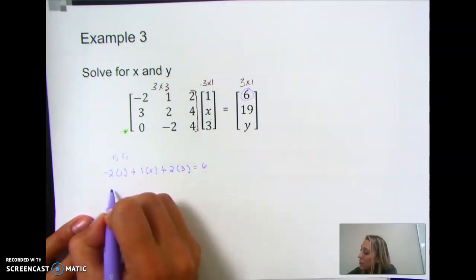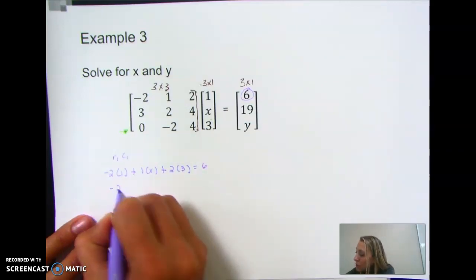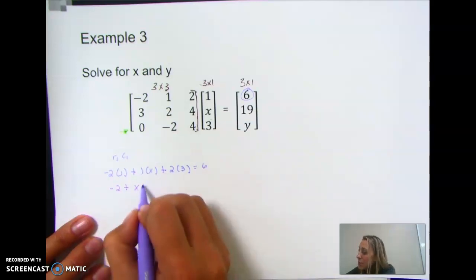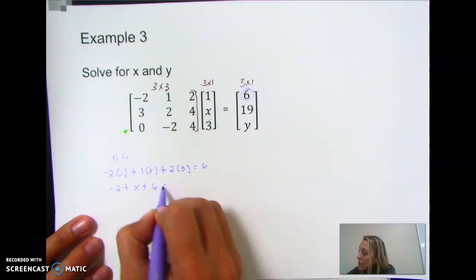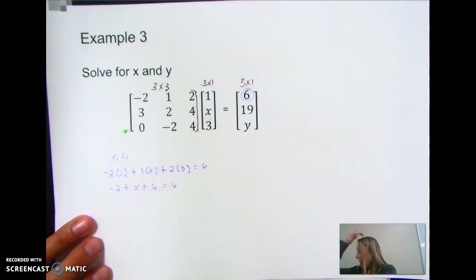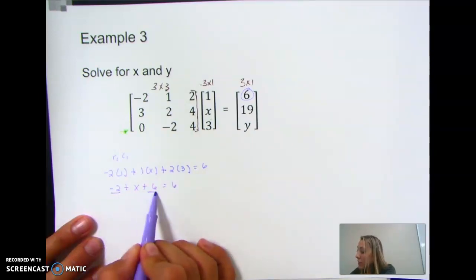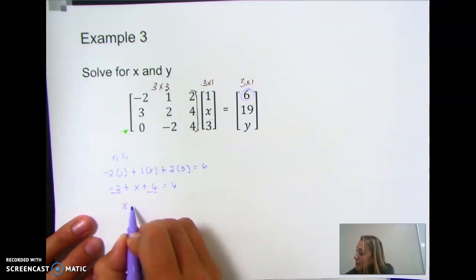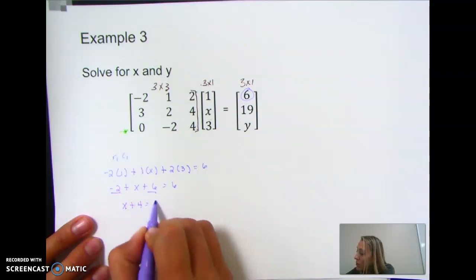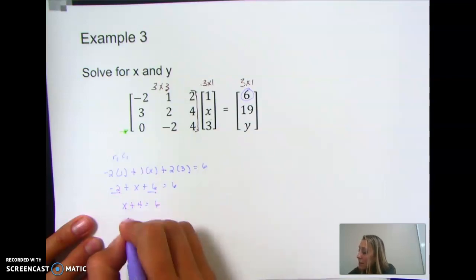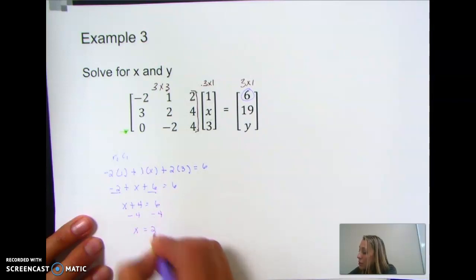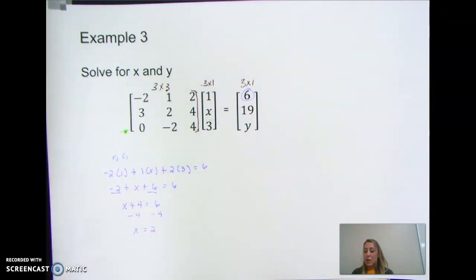All right, so negative 2 times 1 is negative 2, plus 1 times x is just x, plus 2 times 3 is 6, equals 6. I have like terms right here, negative 2 and 6. I'm going to combine those, and I end up with x plus 4 equals 6. To get the x by itself, I'm going to subtract 4 from both sides, and I get x is equal to 2. So that I'm going to use to help me solve.